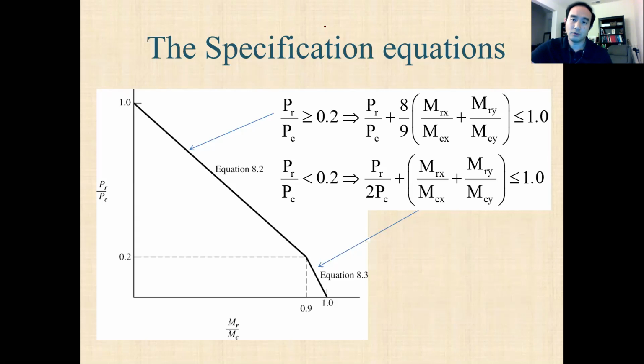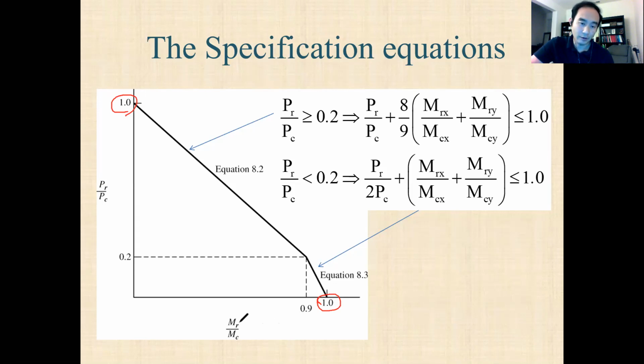This is the important one, that now we have two different slopes, right? We are going to start from 1.0 going down to 1.0 again, and the x-axis is MR to MC, and we will have both MRX, MCX, or MRY to MCY.